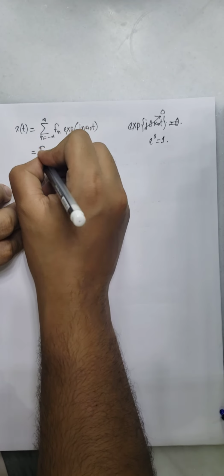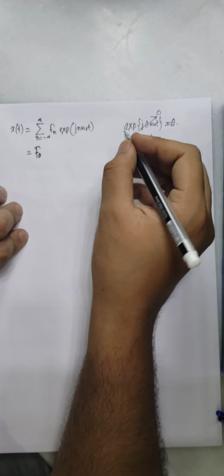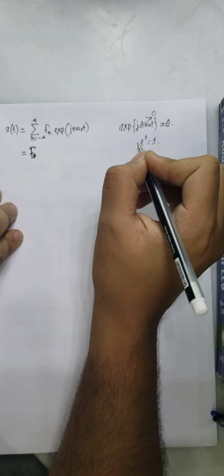Hence, we get a DC component like that of the trigonometric Fourier series, that is f0.